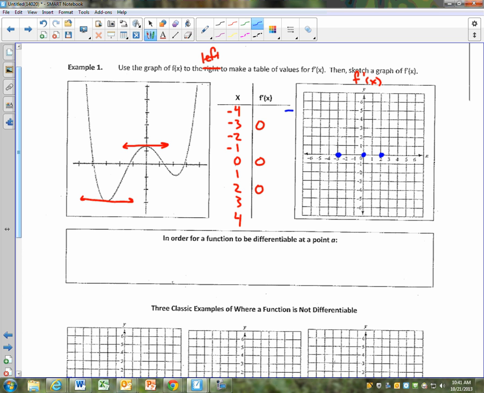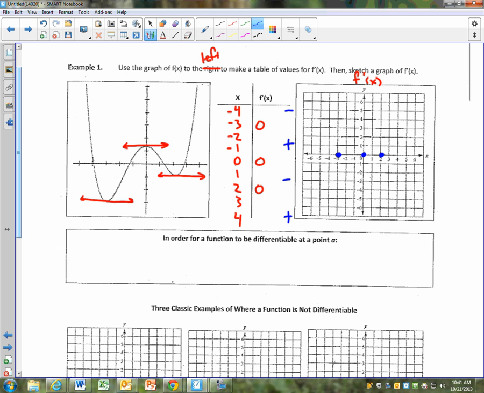How about between the next two zeros? Positive. And how about between the next two zeros? Negative. And how about between the next? Positive. So you can see that I'm going to have those kind of values. What does that mean in terms of my graph?